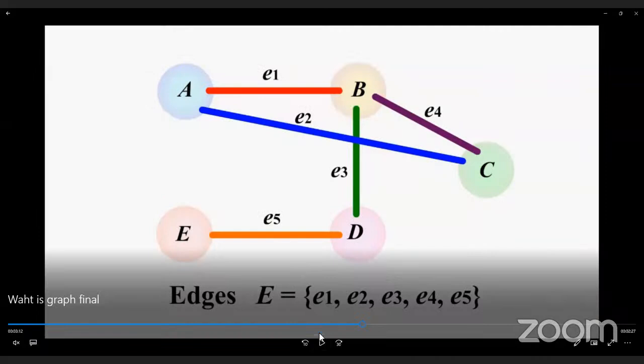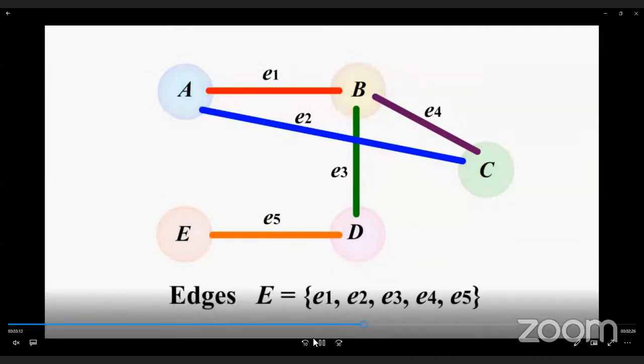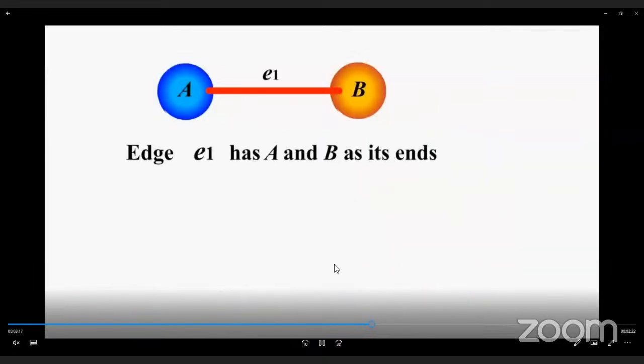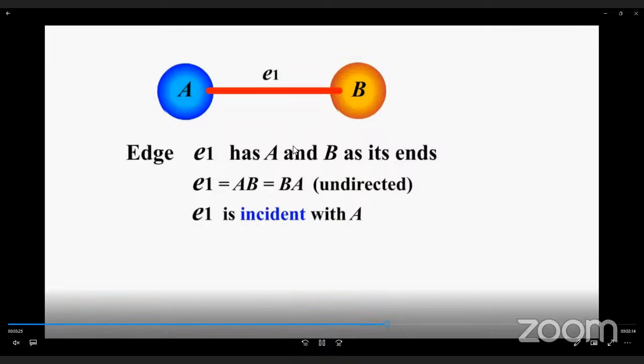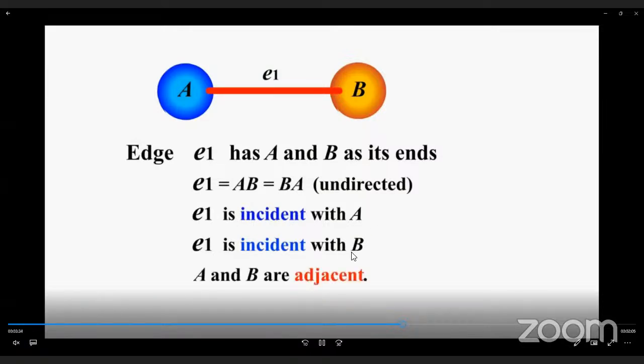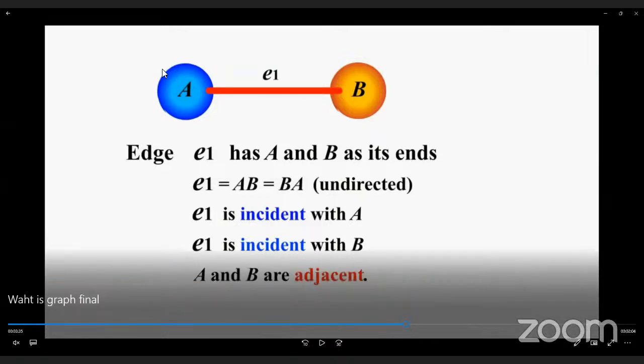Okay, so formally, they are called edges. E1 has A and B as ends, and we denote it as AB. E1 is incident with A, E1 is incident with B, and A and B are adjacent.